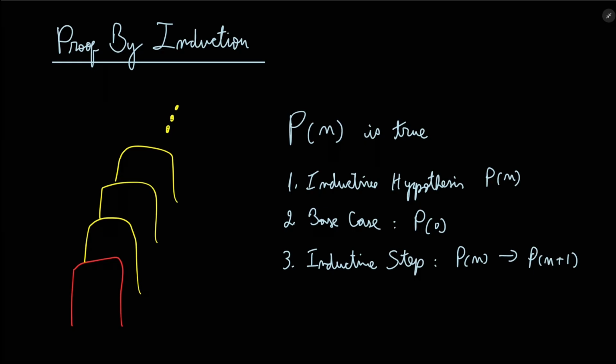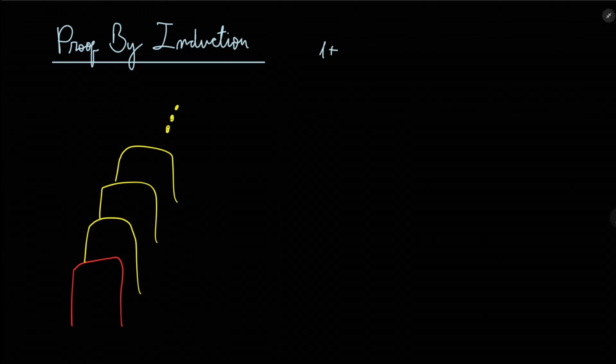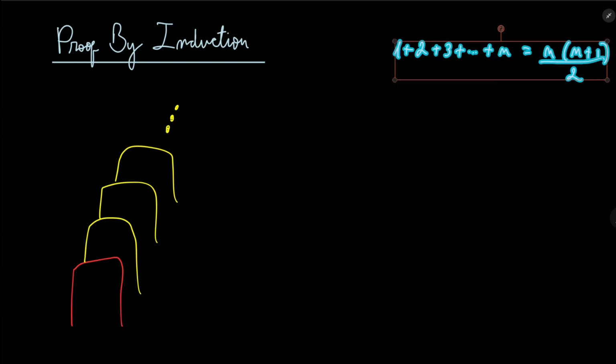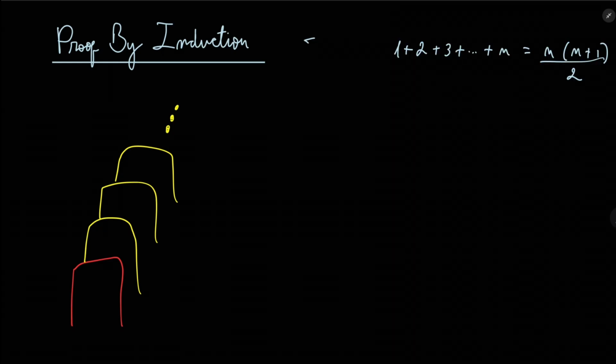Let's see this in action with the classical formula for the sum of the first n integers, which is for sure the most classical example of proof by induction. The claim is 1 plus 2 plus 3 plus ... plus n equals n times n plus 1 over 2. You will often see it written also as the sum from k equals 1 to n of k. These are two ways of writing the same thing.